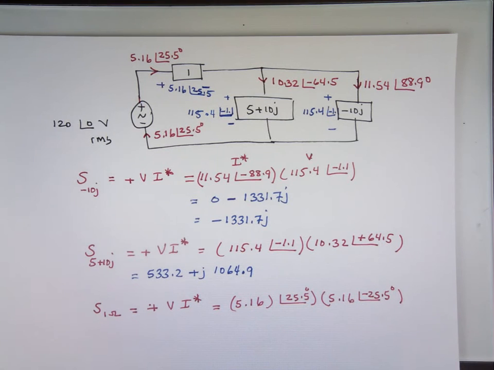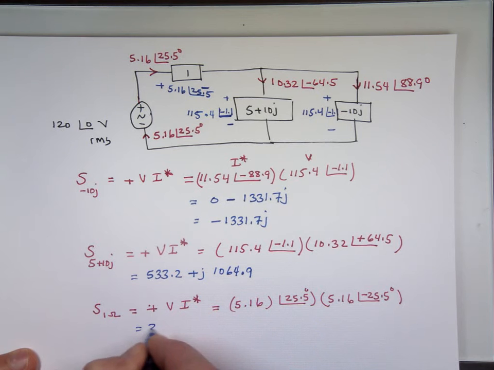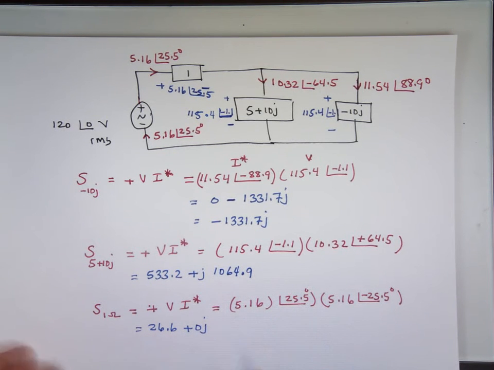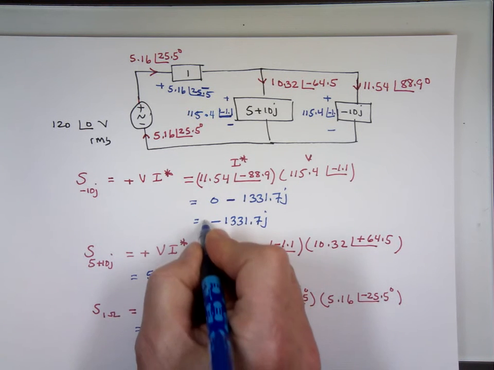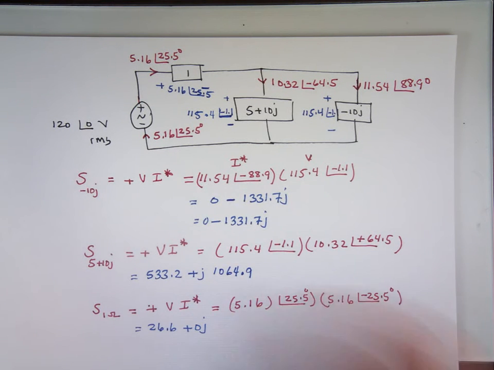So it's 5.16 squared, which is 26.6. If you want to put plus 0j, you can. But it's 26.6. They're looking for the whole thing. Complex should have a real and imaginary, so I'll leave the 0 there.